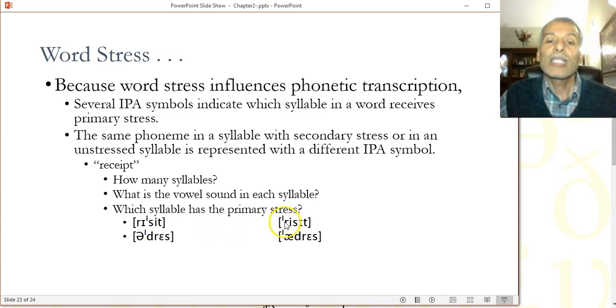Now you put the stress at the beginning, and then that syllable has the short vowel instead of the long E. And then the second syllable becomes shorter. It will not have a stress anymore. So instead of eat, it becomes it. I need a receipt. So if you choose this, that is correct.